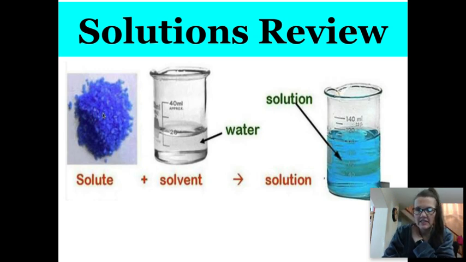Usually the solvent is water. Every calculation that we will do in our class, the solvent will be water, but there can be other substances that are solvents, like carbon tetrachloride or benzene. Again, the solute is what's dissolved into the solvent, and the two things added together make up the solution.